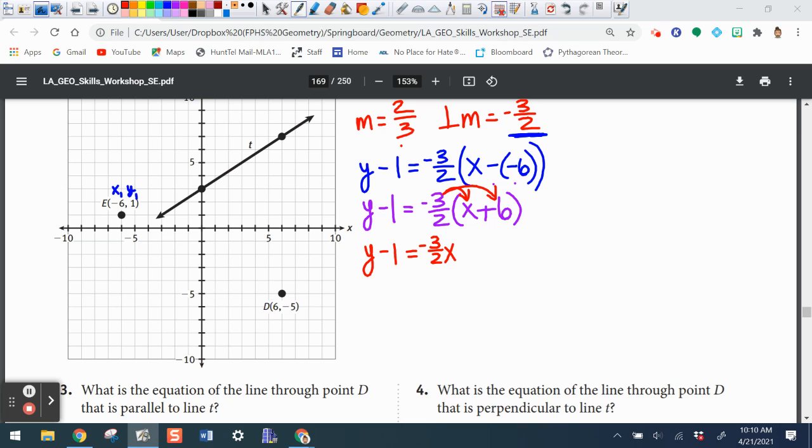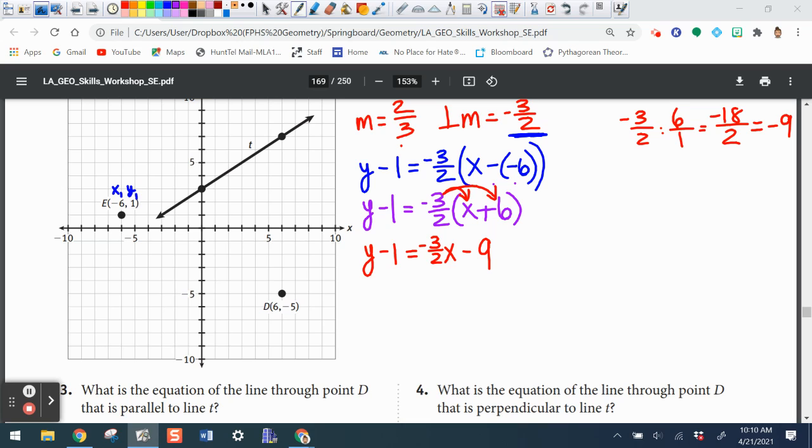And -3/2 times 6, in case you forgot this one, we'll do that math real quick. Again, I'll put 6/1. -3 times 6 is -18. 2 times 1 is 2. And -18 divided by 2 is -9. So we'll drop in -9 there.